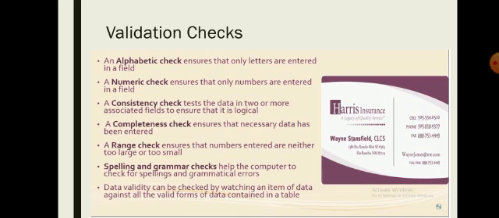Okay, and the last one is your spelling and grammar checks. Basically, we discussed spelling and grammar checks while discussing the word processor. Spelling and grammar checks are also used in other types of application software. They help the computer check for spelling and grammatical errors so that a wrong field or name is not entered accidentally.